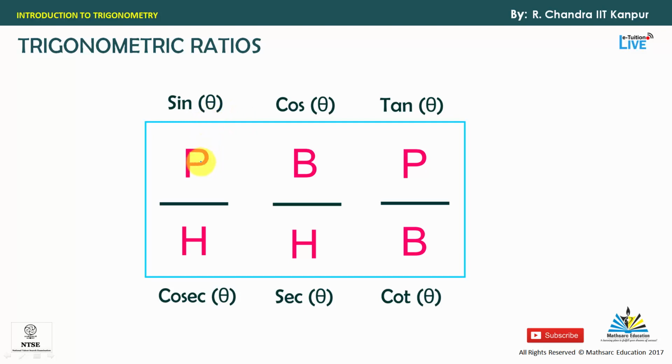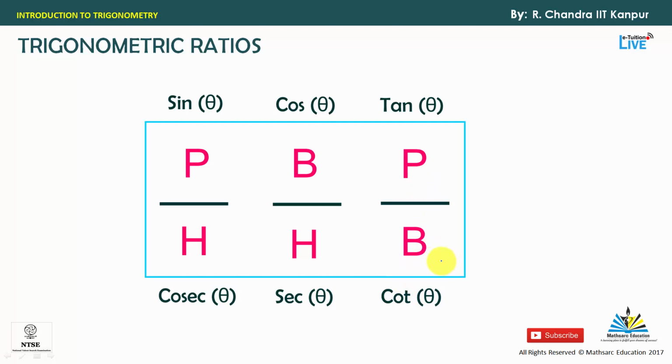Sin theta is perpendicular upon hypotenuse, and cosec theta is hypotenuse upon perpendicular. Similarly, cos theta is base upon hypotenuse, and sec theta is hypotenuse upon base. Tan theta is the ratio perpendicular upon base, and in reverse, cot theta is base upon perpendicular.